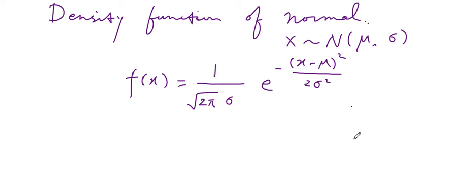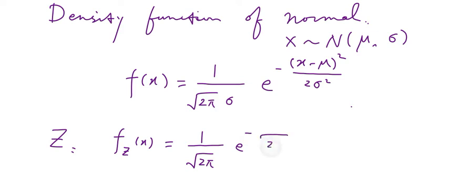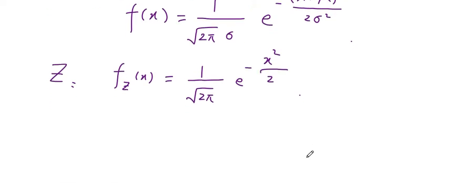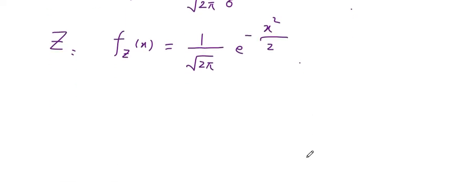Okay, so for the standard normal, the density function for Z has mu equal to 0 and sigma equal to 1, so it equals 1 over radical 2 pi times e to the negative half x squared. Once we have this density function, we can find the moment generating function.